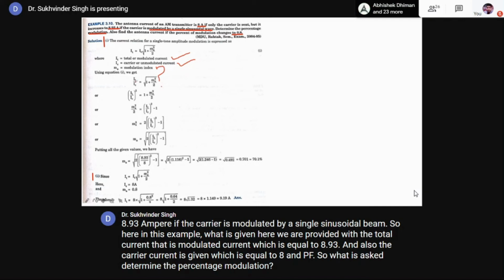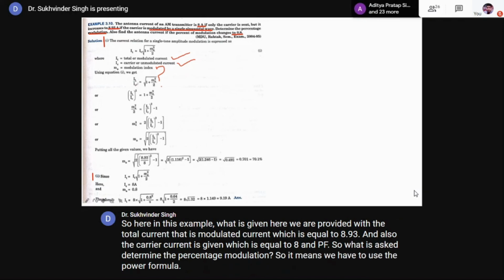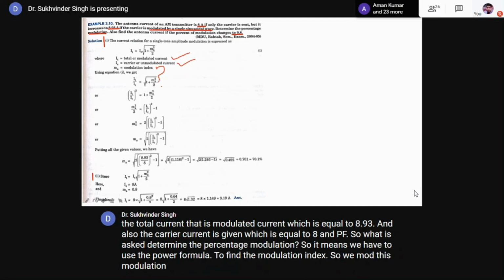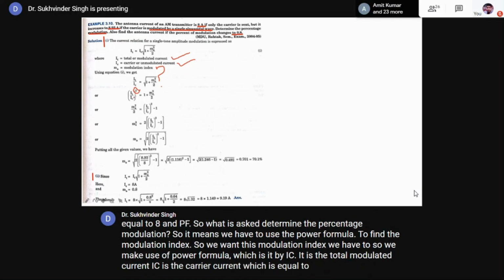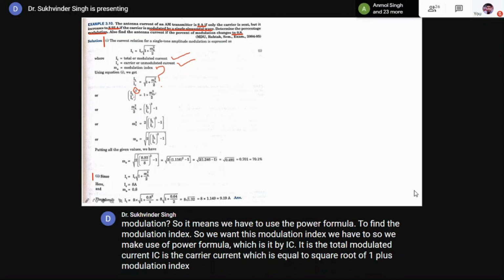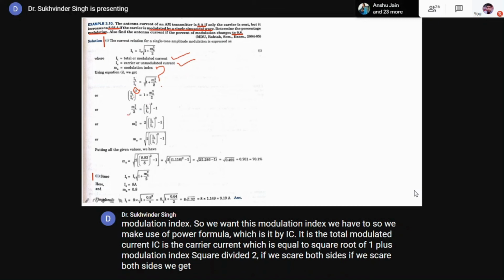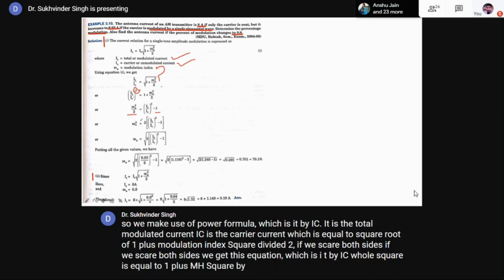So we make use of the power formula, which is IT by IC. IT is the total modulated current, IC is the carrier current, which is equal to square root of 1 plus modulation index square divided by 2. If we square both sides, we get this equation, which is IT by IC whole square is equal to 1 plus MA square by 2. Taking MA square by 2 on one side and taking 1 on the other side, we get this equation.